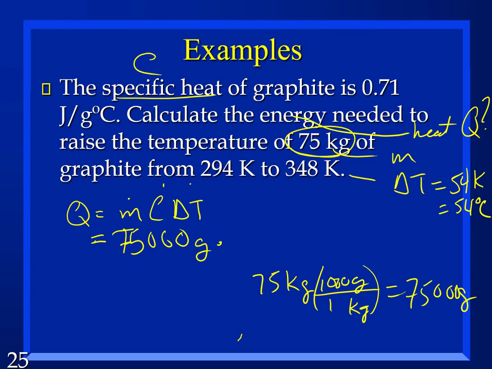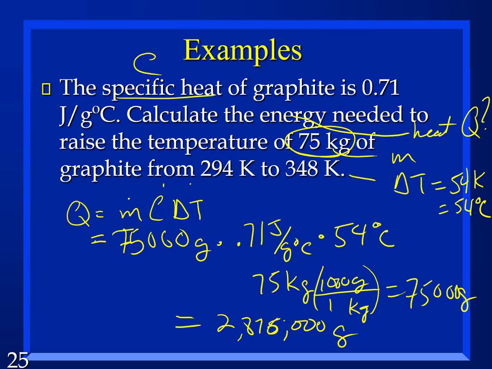Times C. Well, they told me it was graphite, 0.71 joules per gram degree Celsius, times the temperature change of 54 degrees Celsius. So 75,000 times 0.71 times 54 equals 2,876,000, or 2,900,000.